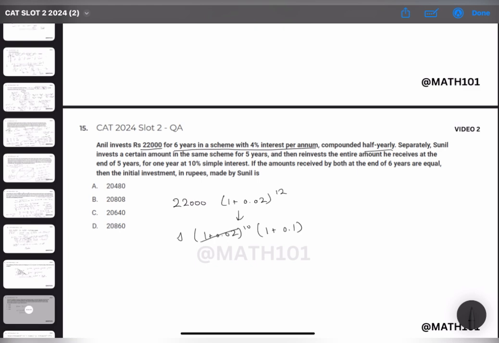This gets cancelled. This power remains 2. So 22,000 into 1 plus 0.02 squared upon 1.1.